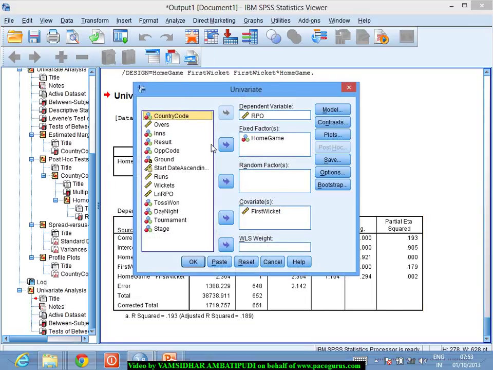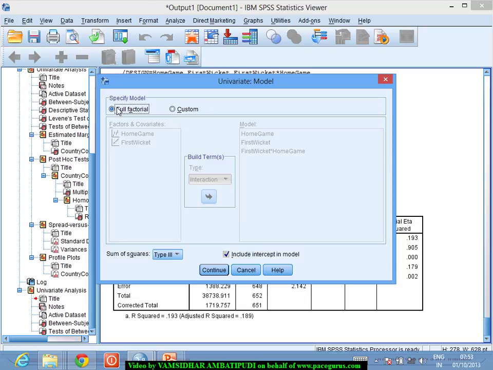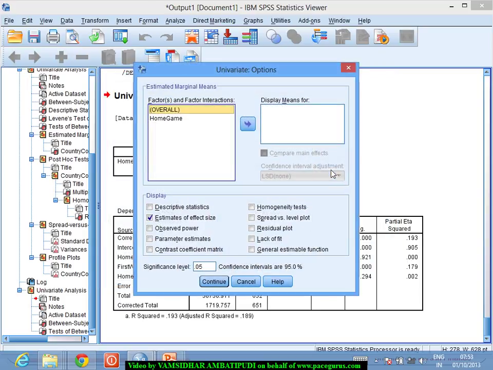I am recalling the same Univariate, and now I don't need the interaction part, so I can go with the full factorial model, which doesn't get into the interactions. It only builds the full factorial part, and at the same time I can get into Options and select all of them, because this will help me do a full-fledged analysis of covariance.